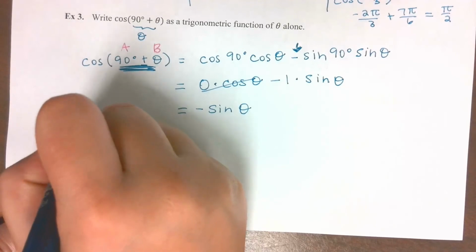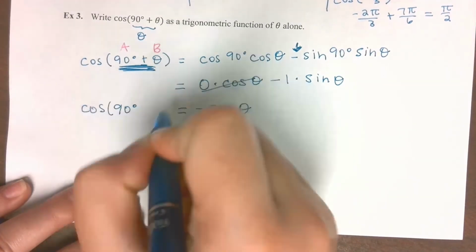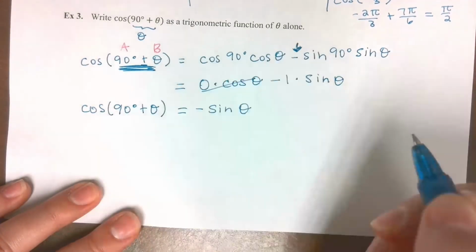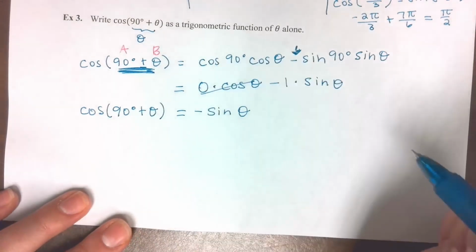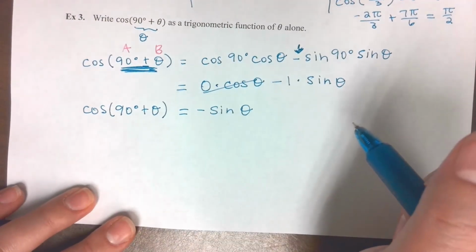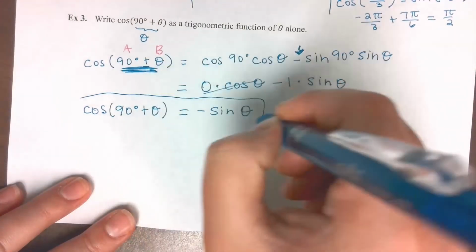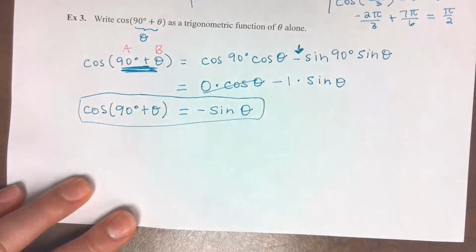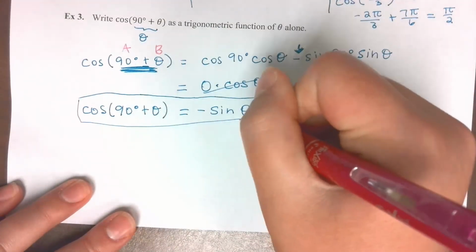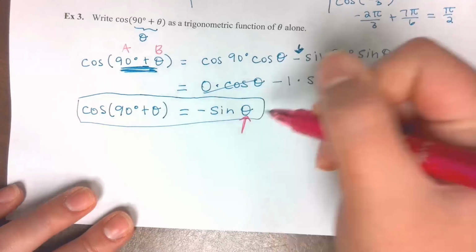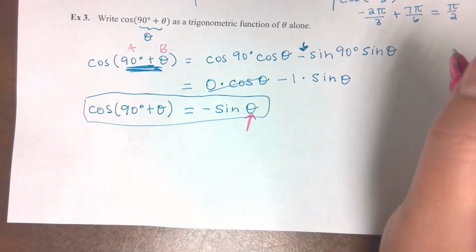That means cosine of 90 degrees plus theta is equal to negative sine theta. So that would be our answer, and here we have a trig function of theta alone. That's what it's asking for.